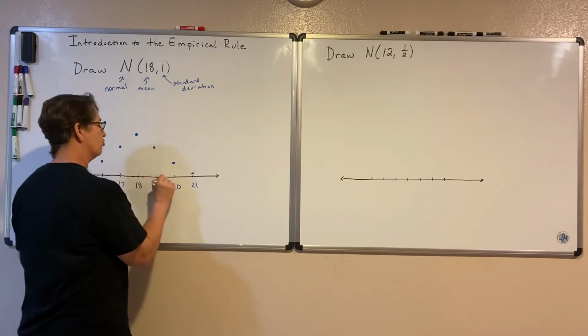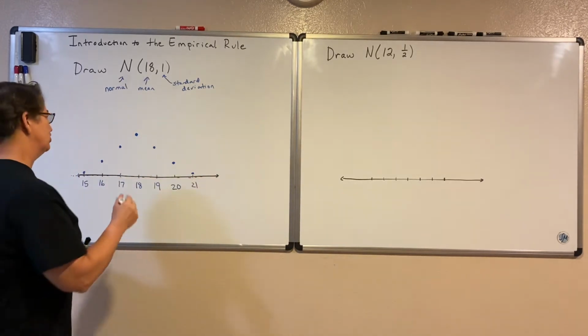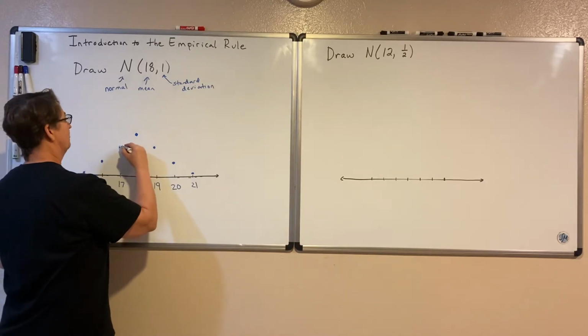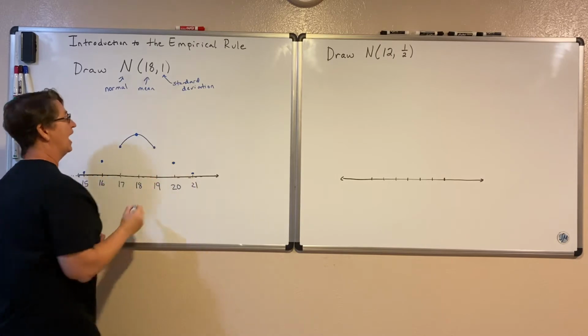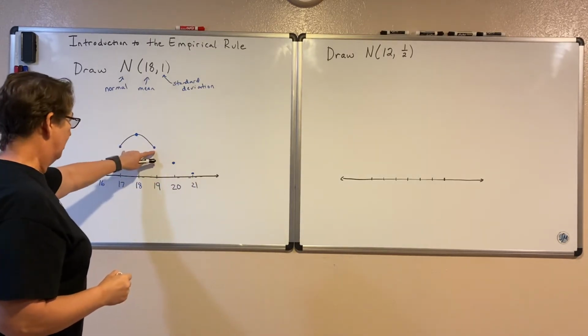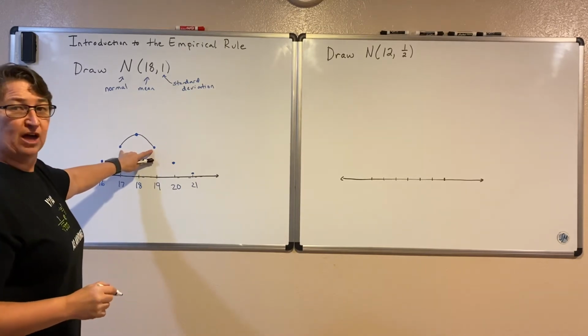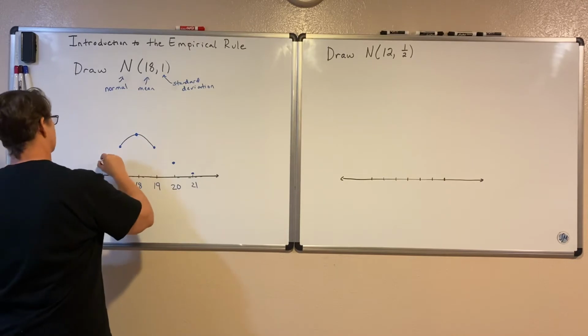We also looked at it in a previous video that our normal distribution has this asymptotic behavior. In other words, it's going to get closer and closer to that line there without ever reaching it. So my normal curve looks something like this, where I have that nice peak on the top. At that standard deviation, we call this an inflection point, where we turn from concave up to concave down.